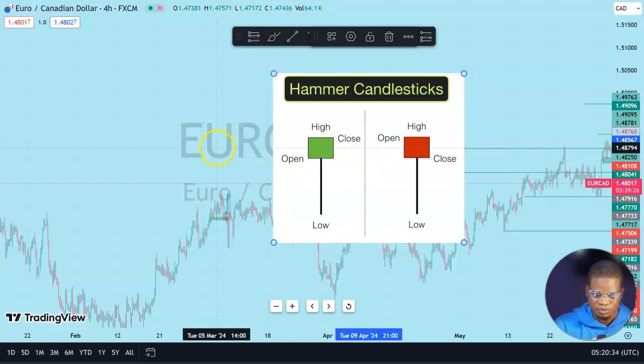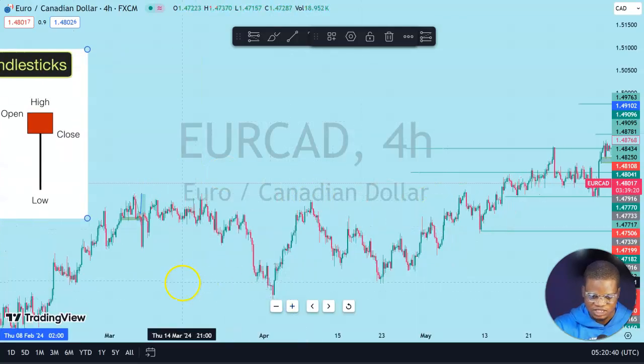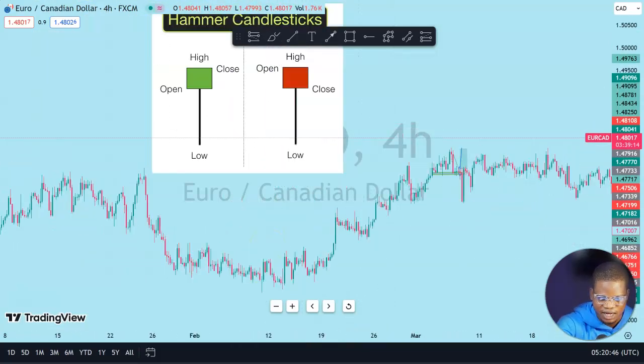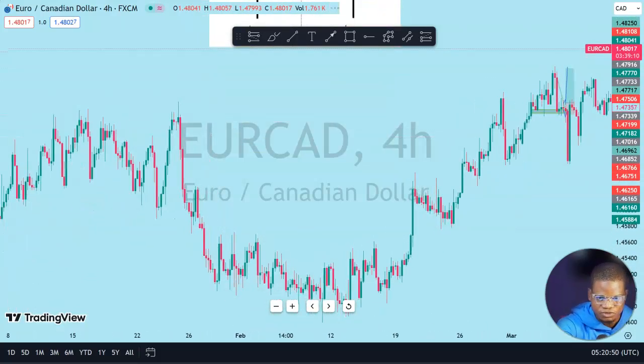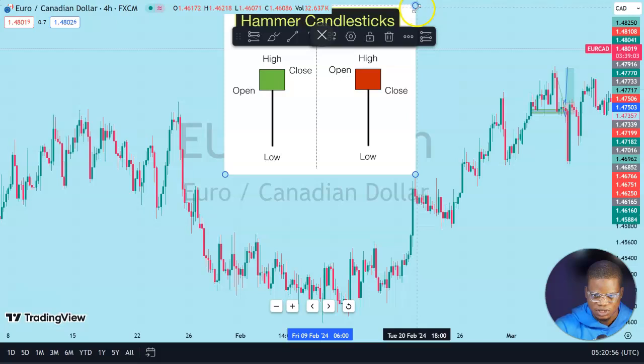So let's say, for example, the market is going into a resistance. I'm going to try and spot a hammer candlestick on the chart. If you look at this market, you would see we have two good examples of hammer. Let's drag this one down a little bit.